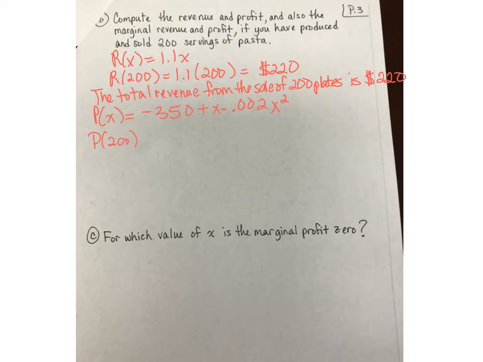P of 200 is equal to negative 350 plus 200 minus 0.002 times 200 squared. Simplify that, you get negative $230. So that means that the society is going to lose money. The society will lose $230 from the sale of 200 plates.